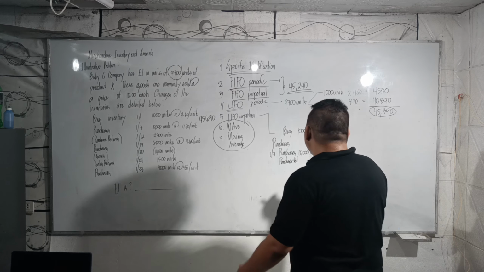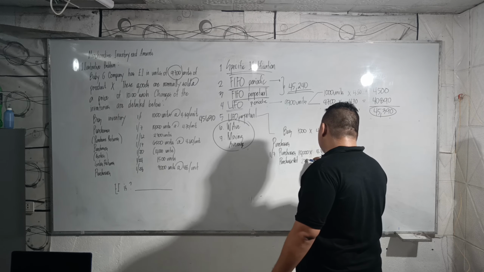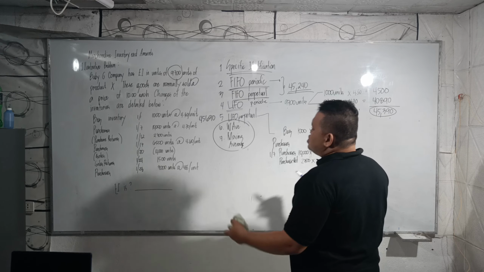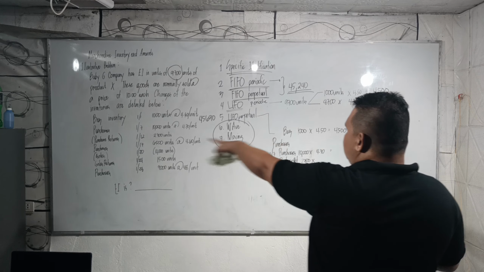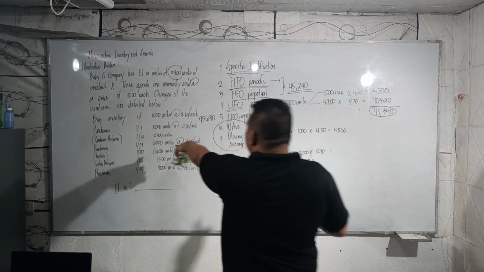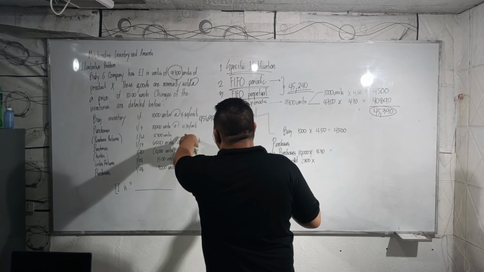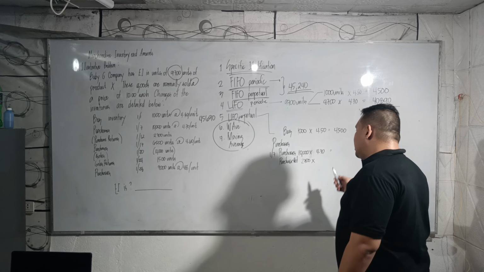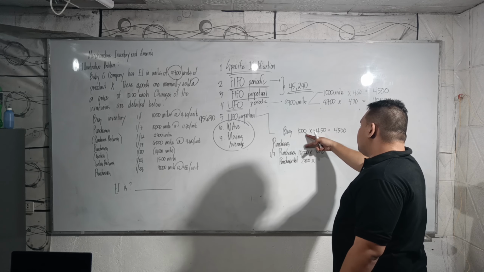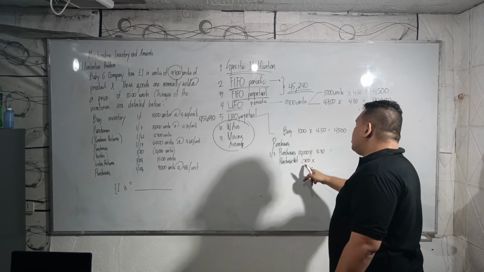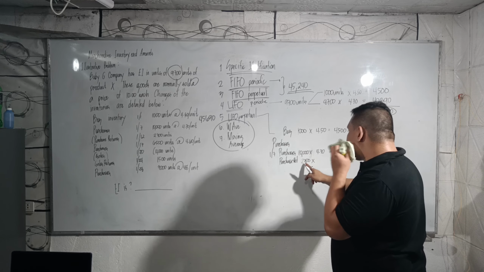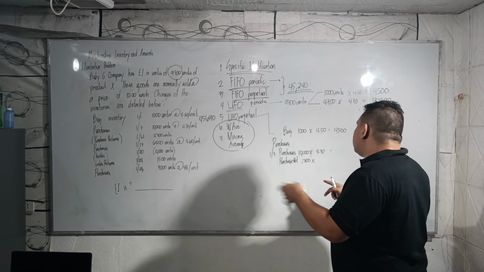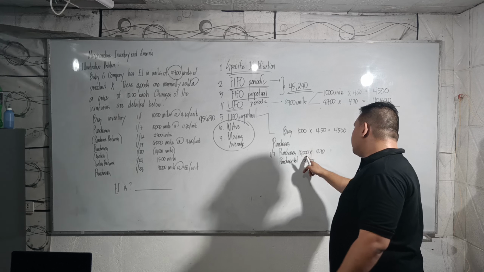So the purchase returns is 2,300 times, of course, since the unit cost is not present, it's very logical to say that those goods that you return to the supplier come from the most recent purchase.